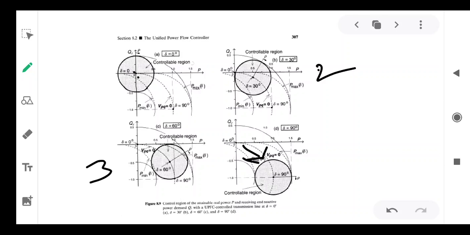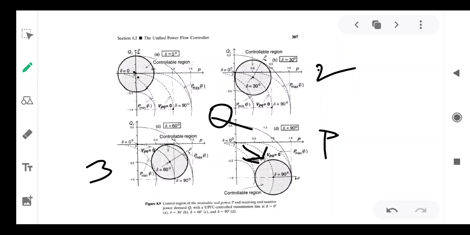The x-axis is P, the y-axis is Q, the PQ region. This is the PQ diagram of controlled compensation of UPFC.